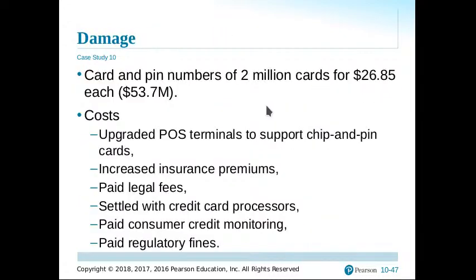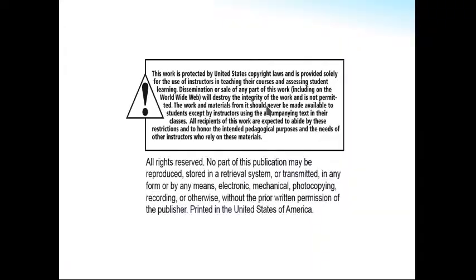It's very hard, but at least you have some idea about information systems security and how to deal with that.